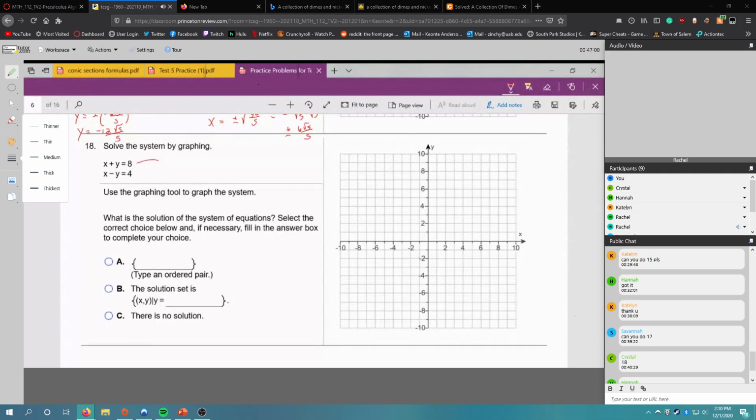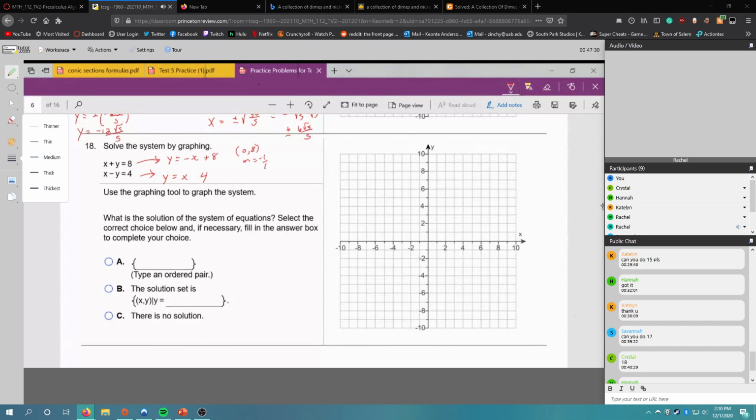This one would give me y equals negative x plus 8. So my y-intercept would be 0, 8, and my slope would be negative 1. And then this one, when I solve for y, it would be y equals x plus 4. No, minus 4.